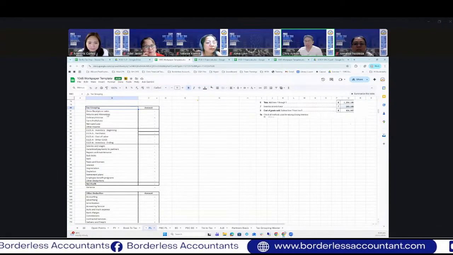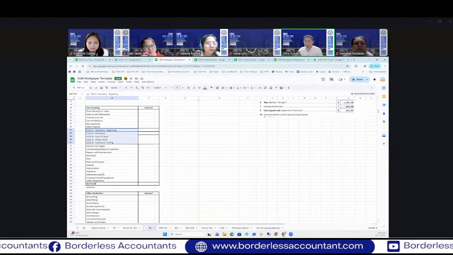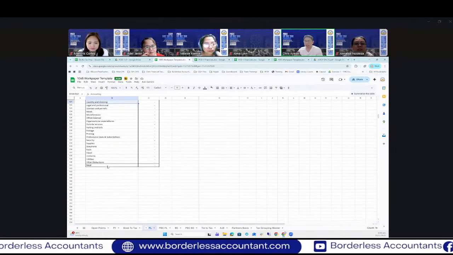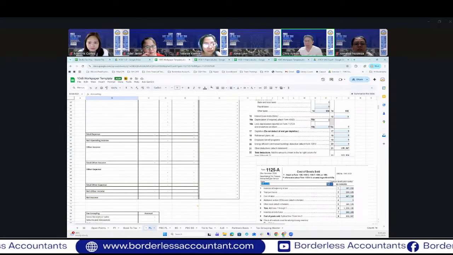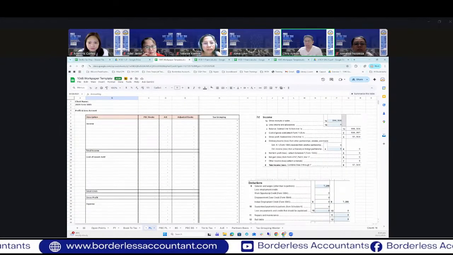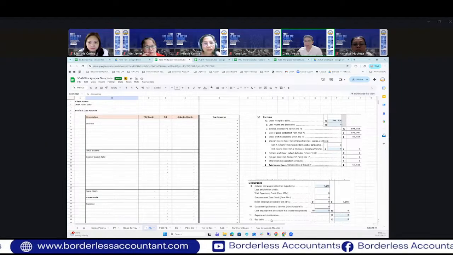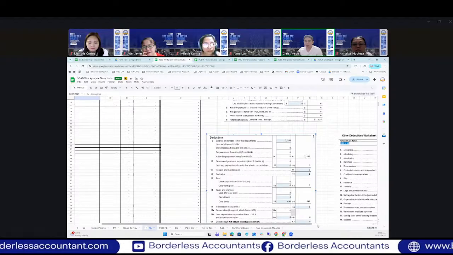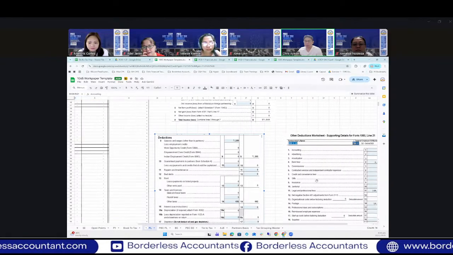So in the tax return, you only have these accounts, right? And for the other deductions, you have this. This is based on Lacerte. I'm not sure how it looks like in ProConnect, but what I suggest is in ProConnect, you take a screenshot of how it looks like for, say, other deductions.